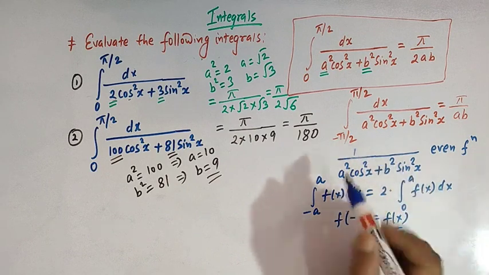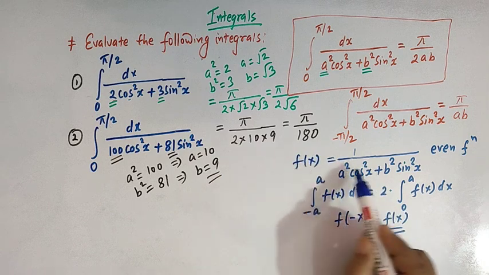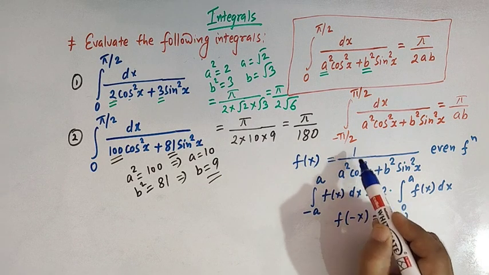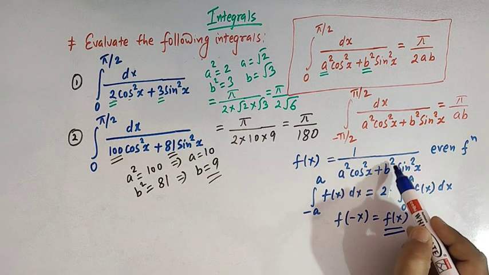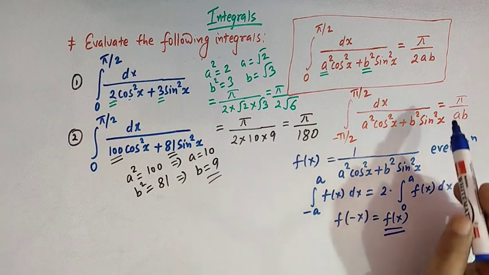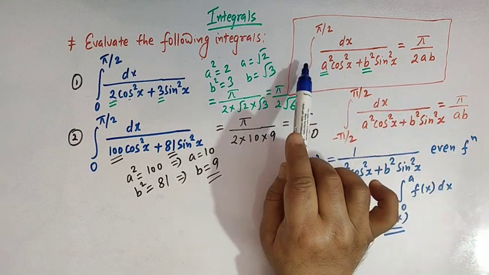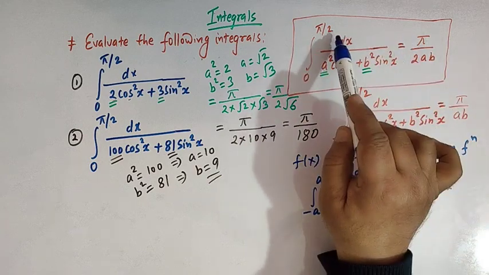So this function f of x, 1 over a square cos square x plus b square sin square x, is an even function. So the value of this integral is 2 times the value of the other integral.